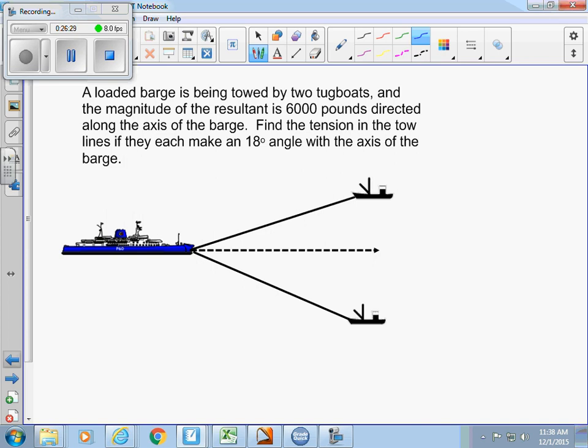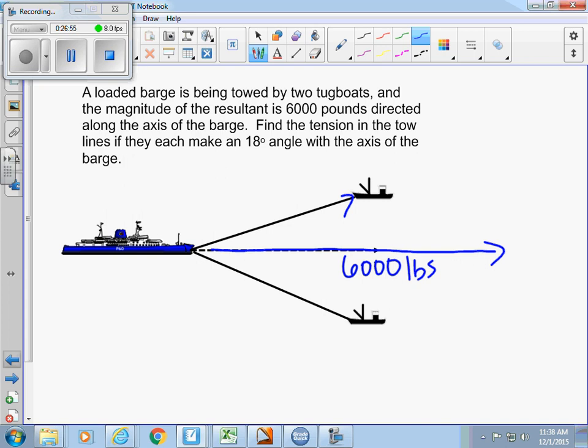This one's a tough one because it's a little different. It gives us the resultant vector's magnitude, 6,000. But what is that? Well, we know this is traveling on a straight path, right? So the resultant is the straight path that it travels on. And it's 6,000 pounds of force.